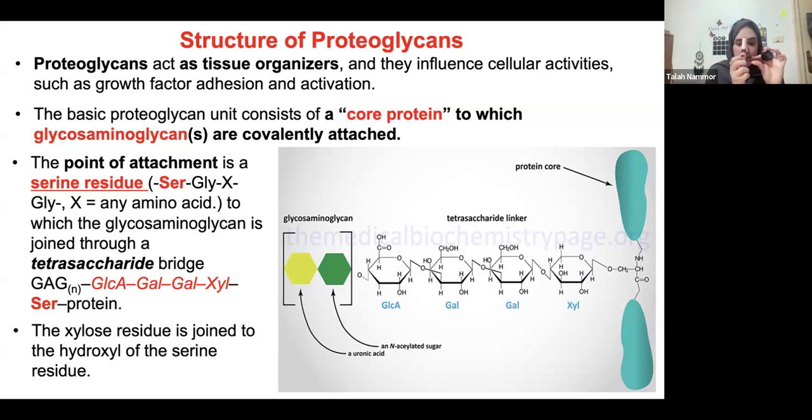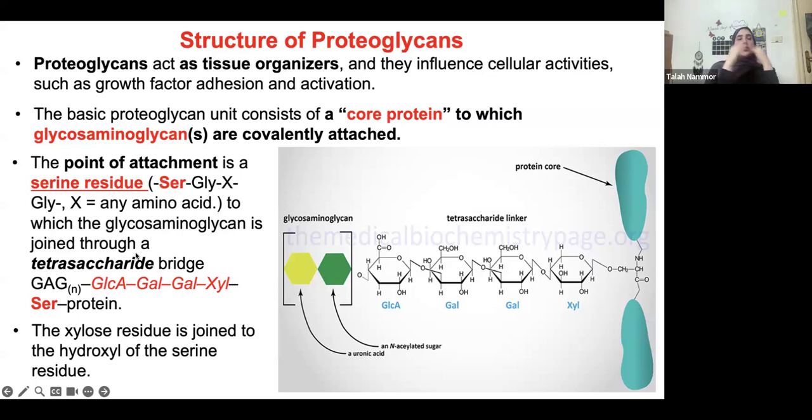How will it bind to the protein? Through a serine. That's all you need to know. So we have glycosaminoglycan, tetrasaccharide bridge, and a serine in here. This is how the tetrasaccharide binds with the protein, through a serine. Tamam? Is this clear?